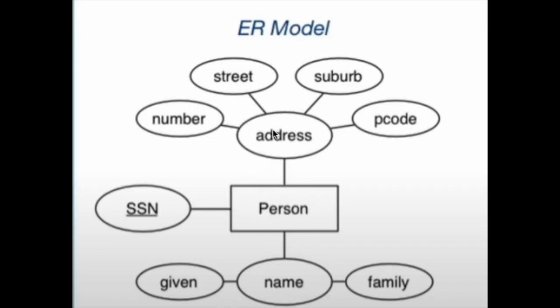And so in this model example, we have composite attributes. So we have the address attribute, which is basically made up of a combination of other attributes that are related to it: the number, the street name, the suburb, the postal code. And here we have another composite attribute, the name, which is made up of the given name and the family name.